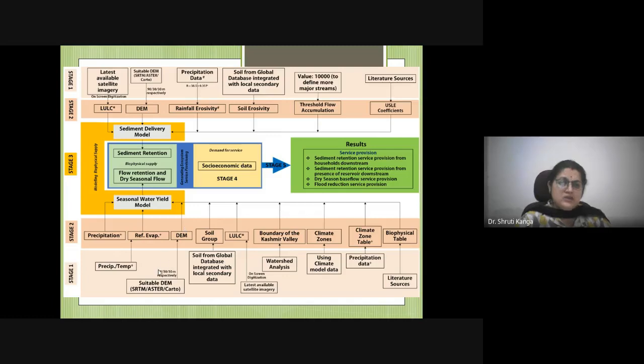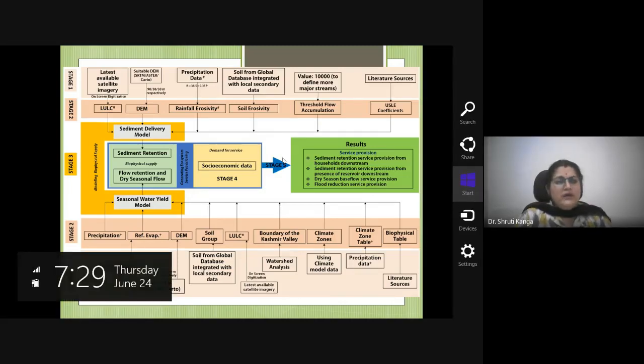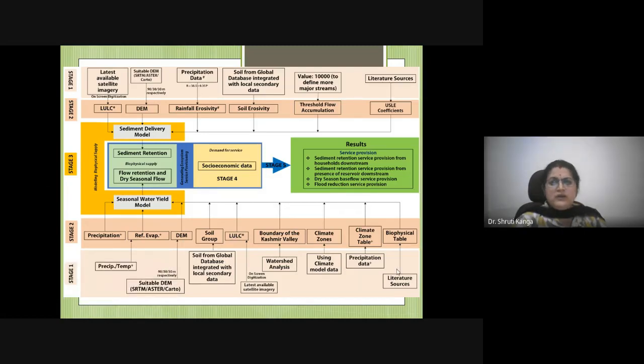There are different stages on which different kinds of studies related to wildlife potential zone mapping are carried out. In the first stage you can see that different literature sources have been taken into consideration regarding the images, the DEM, precipitation data, soil mapping, climatic data, and watershed analysis, as all these things are important for any kind of zonation.